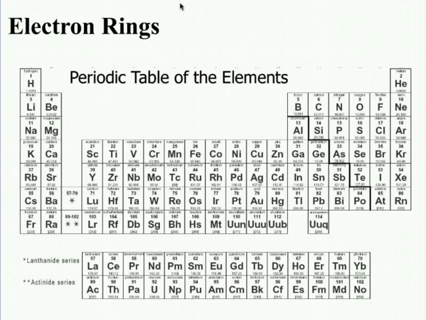So for example, last week when I said draw out lithium, a lot of you did this. You made a little circle and you put that lithium has 3 protons and so many neutrons, and then you drew 3 electrons, 1, 2, 3 on there. I said that's correct in the sense of how many protons and electrons you have, but it's not actually accurate in the sense of how it should be written out.